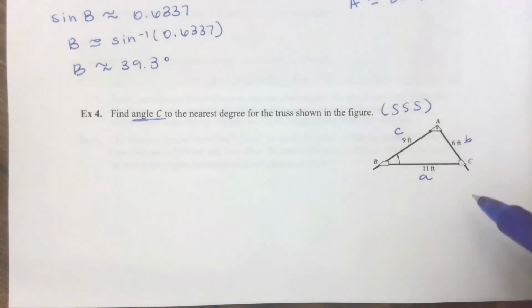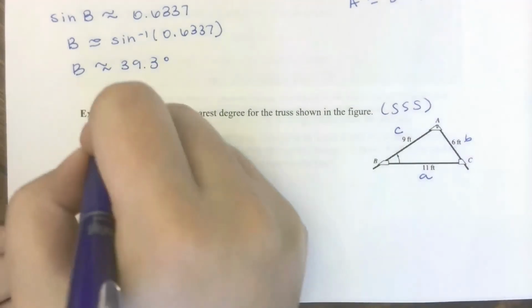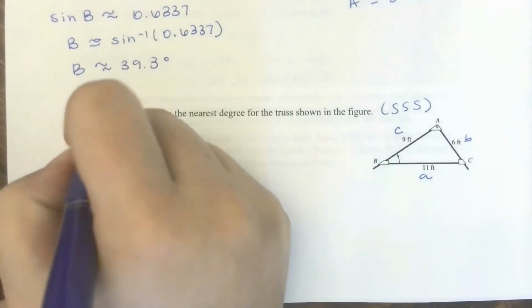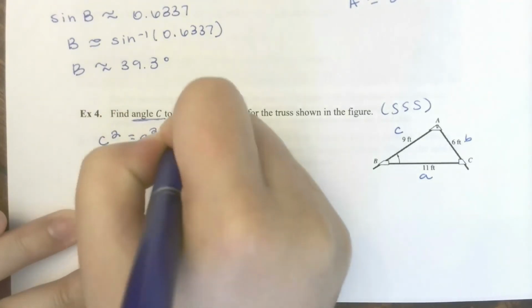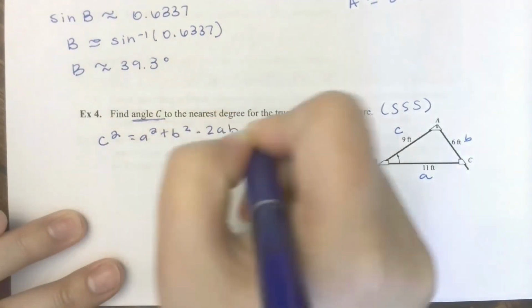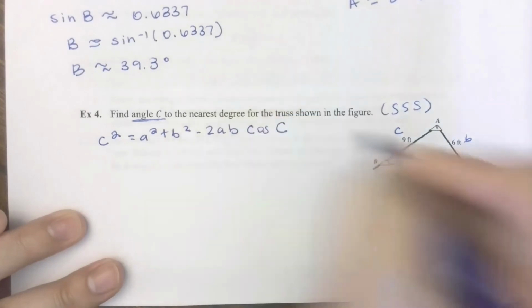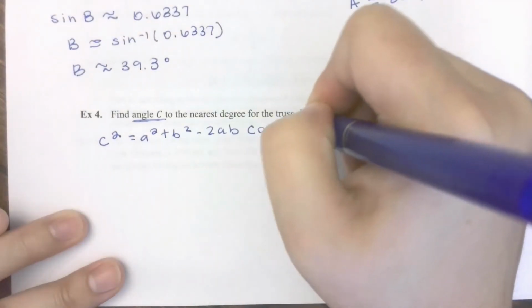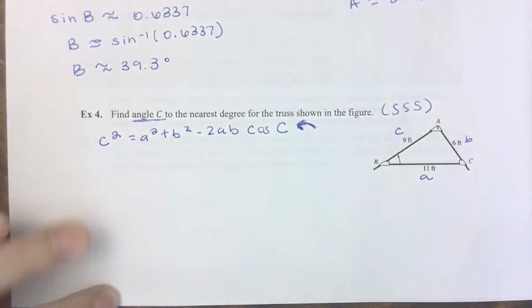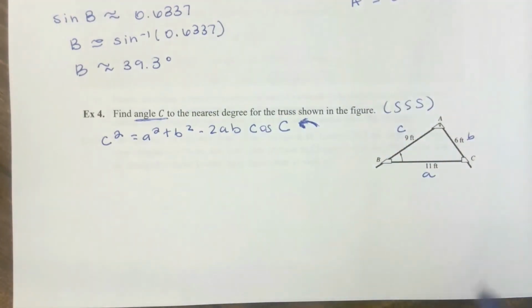Since we are looking for angle C, we are going to be using the law of cosines formula. C squared equals A squared plus B squared minus 2 times A times B times cosine of C. This is the only law of cosines formula that has the angle C in it. From here we just plug everything in.